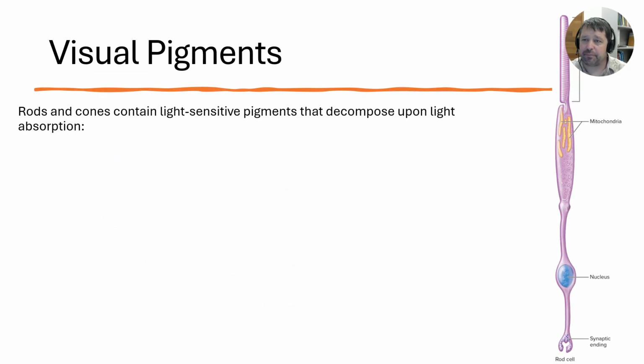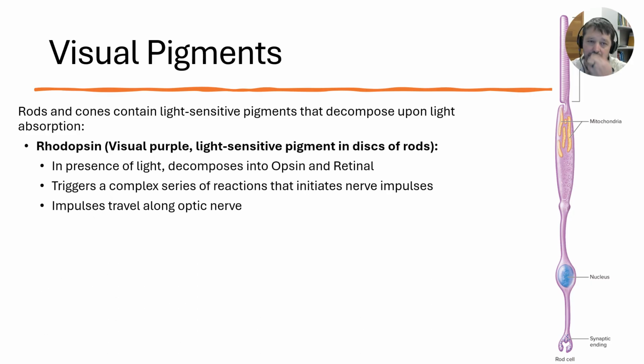Okay, that sensitive pigment. If we dive into that rod cell and look at that rhodopsin, that's the region that is very sensitive to light. So it's sensitive to photons coming in. When it reacts, rhodopsin itself is going to decompose into opsin and retinol.